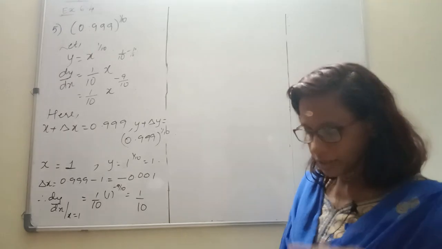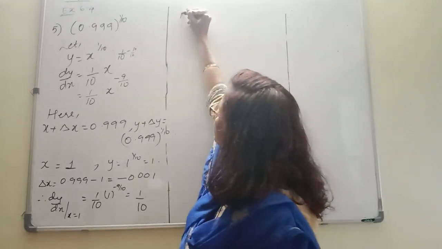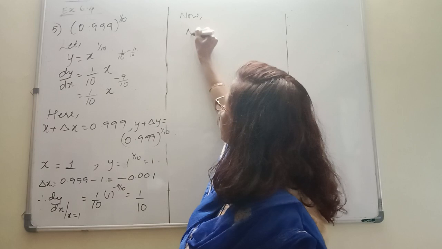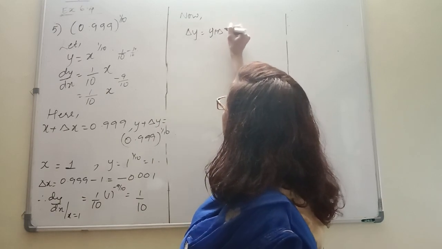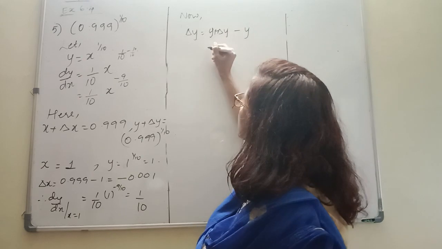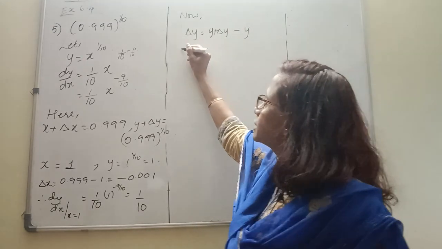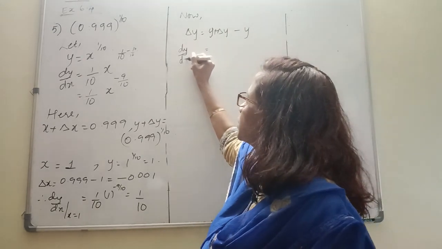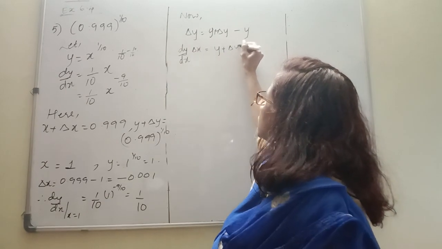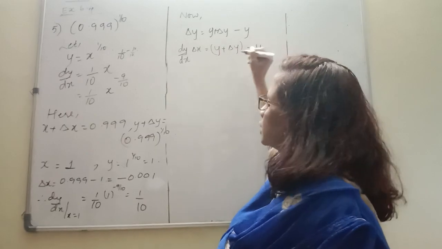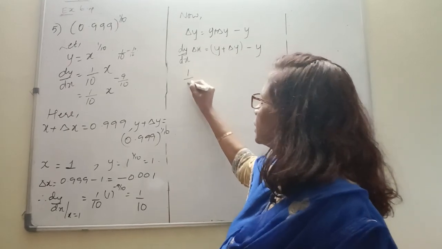So let's have that written. Now, delta y is equal to y plus delta y minus y. And this by approximation is dy by dx into delta x. So let's have that. Dy by dx is 1 by 10.